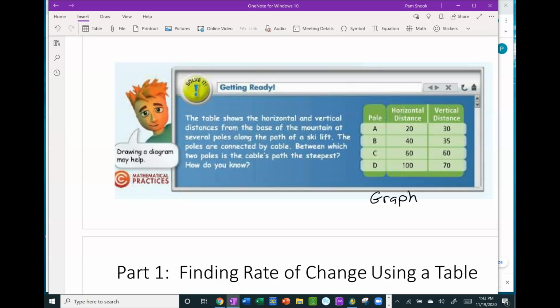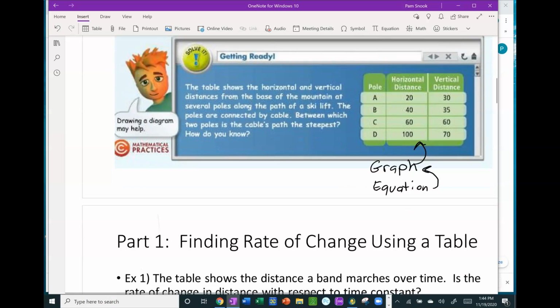And so then we like to be able to have an equation, which would describe what's in the graph. So equation describes your graph describes your table. And so, my point is we've got 3 different ways here to show information. And in chapter 5, we're going to focus on graphing the lines and writing the equations of the lines.